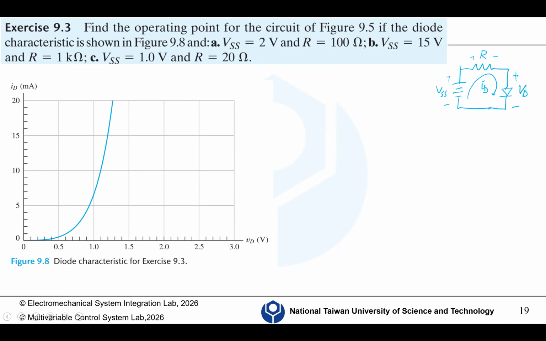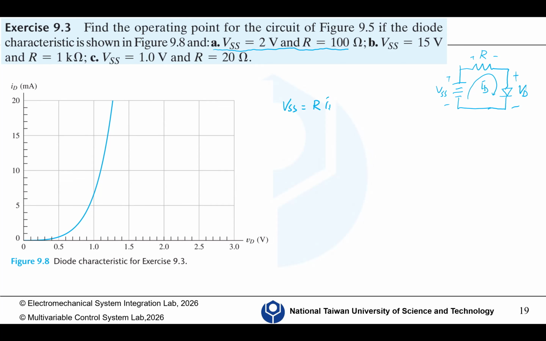It gives you the characteristic curve of this diode. You're given a voltage source and resistance, and it asks you to find ID and VD. I'll just solve A, and please practice B and C on your own. So we write down this equation by KVL, which you are very familiar with.